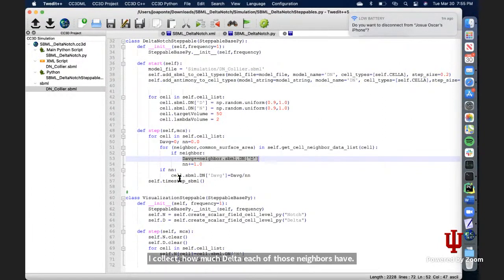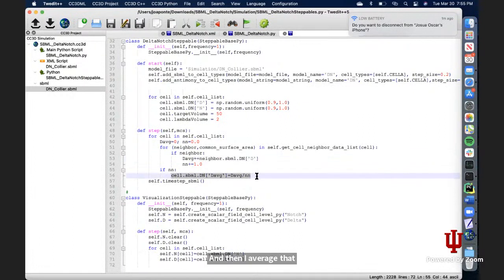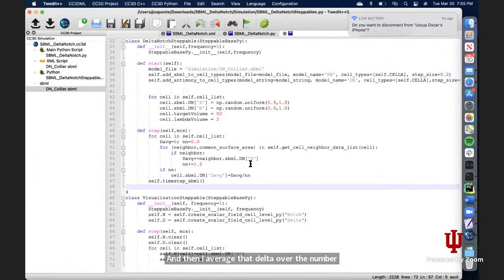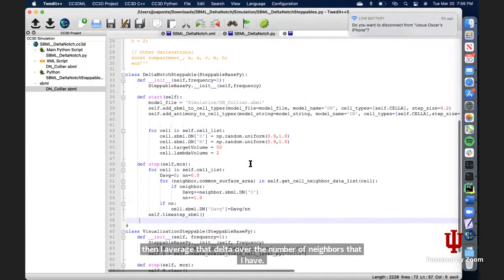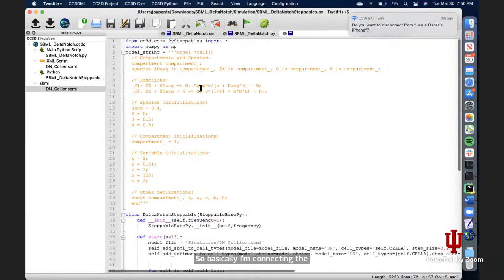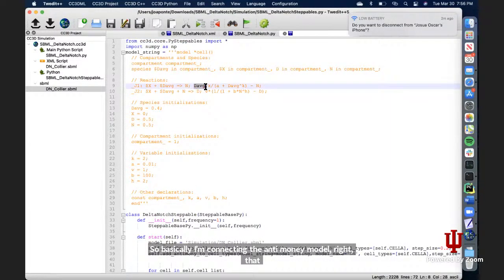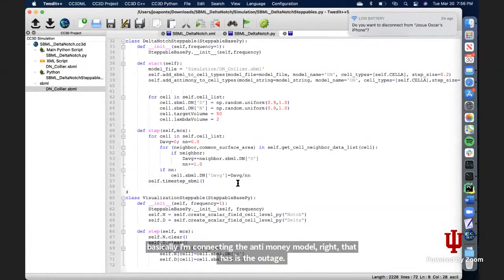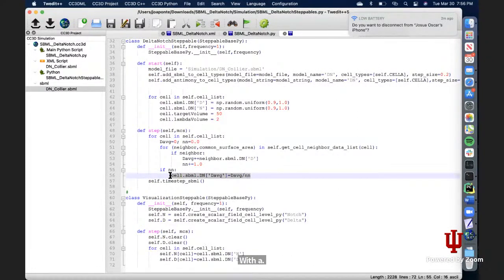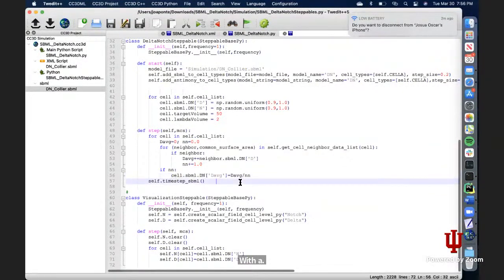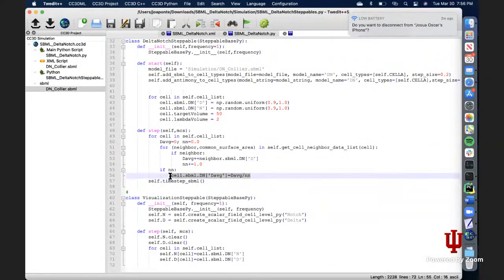Then I average that delta over the number of neighbors that I have. So basically, I'm connecting the Antimony model, which has this D average, with a CompuCell quantity that I can identify and extract from the spatial information: how much delta each of my neighbors has, averaged over the number of neighbors.